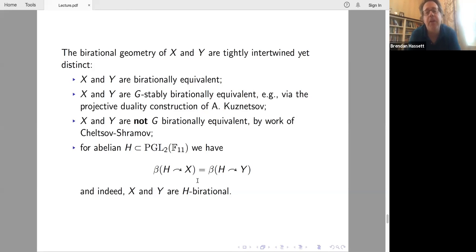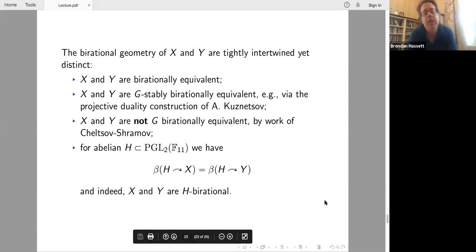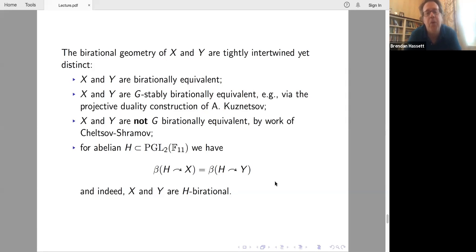And so for any abelian group, X and Y are in fact birational for that action. This is a little bit disappointing, but it also encourages me to look more carefully at the non-abelian extensions and look at the structure of the stabilizers as you go over all subgroups of PGL2(F11).